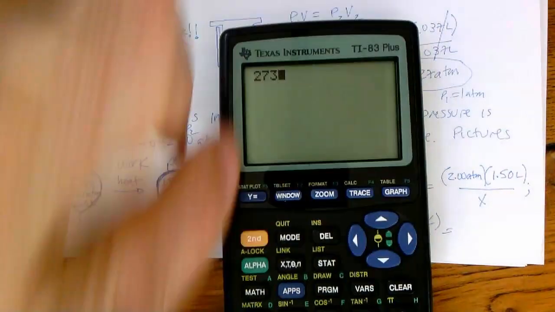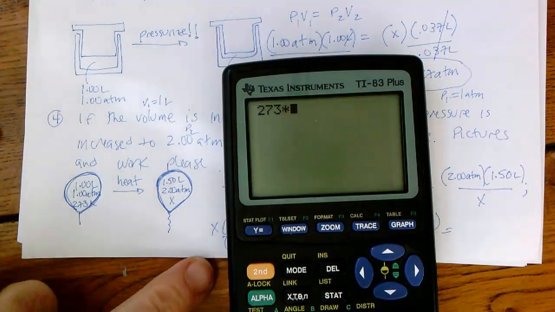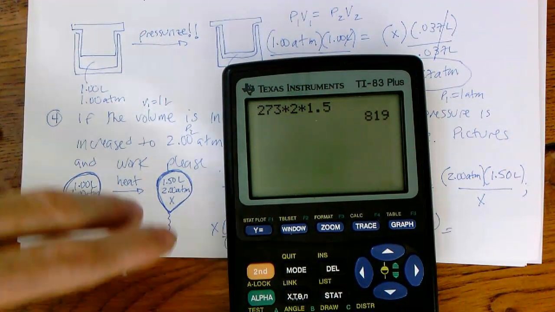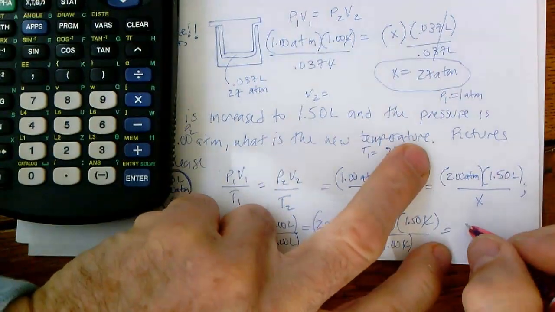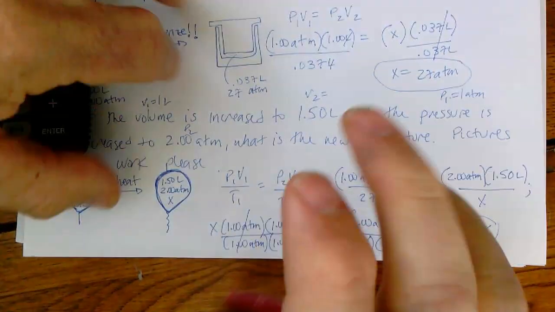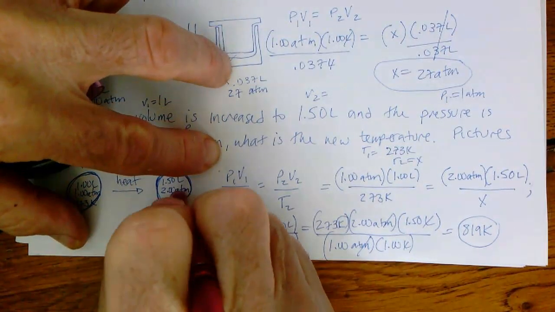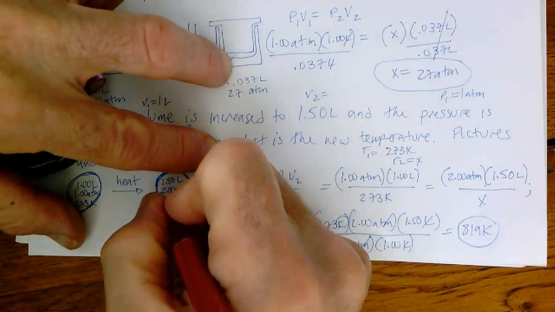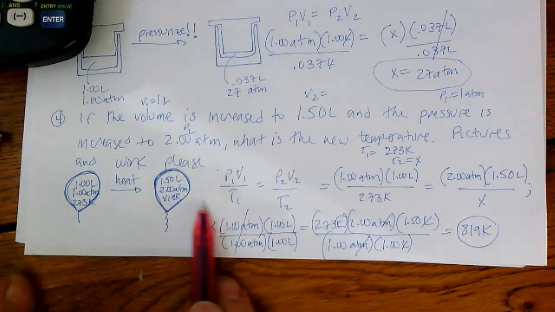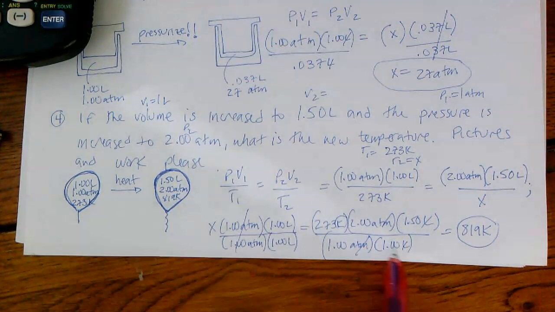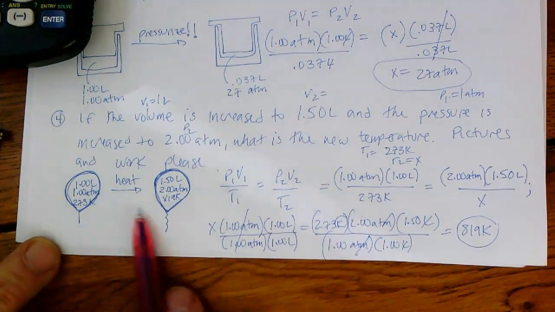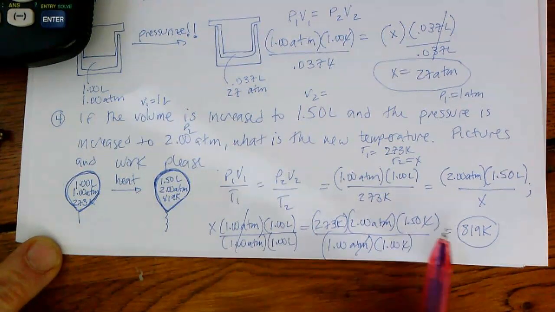273 times 2 times 1.5 equals 819 Kelvin. I'll circle that and I'll put it right there. 819 Kelvin. And that makes sense. We had to do more than double it, to double the pressure and make the volume 1.5 times bigger.